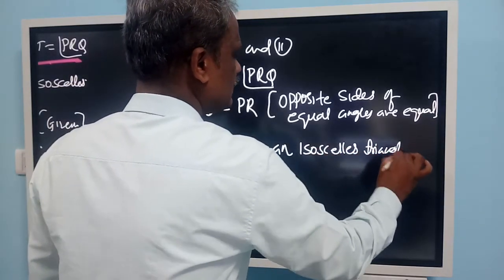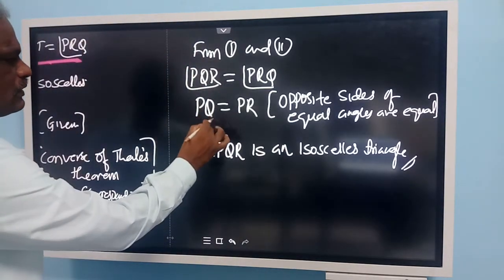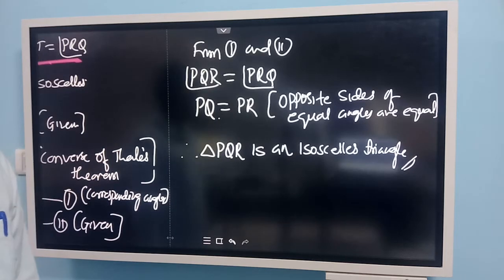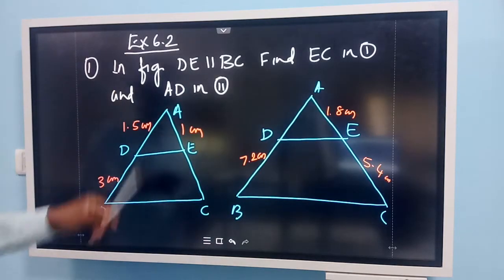So you can write triangle PQR is isosceles because we have proved that PQ is equal to PR. Two sides are equal.